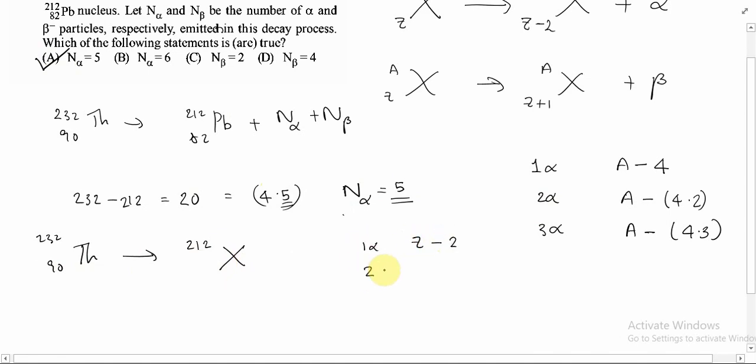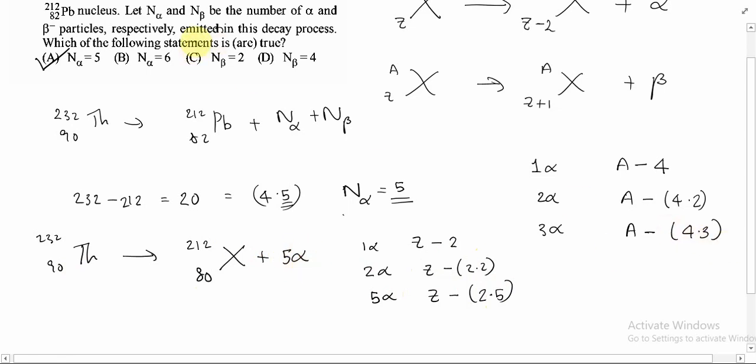For 2 alpha particles emitted, it gets reduced by 2 into 2, that is 4. For 5 alpha particles emitted, it gets reduced by 2 into 5, that is 10. So 90 will get changed to 80. So it will be X (80) 212 plus 5 alpha particles.